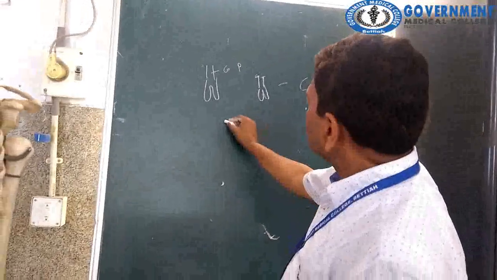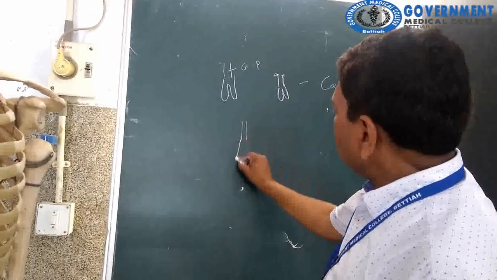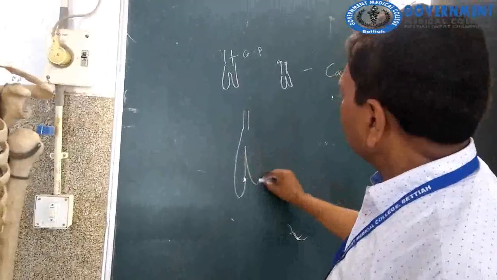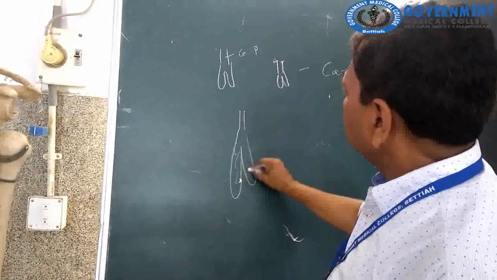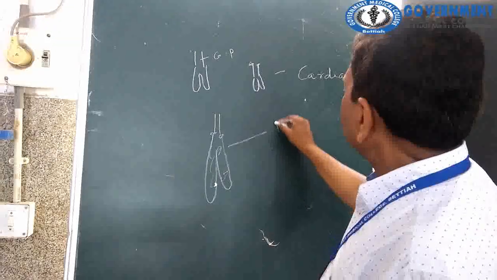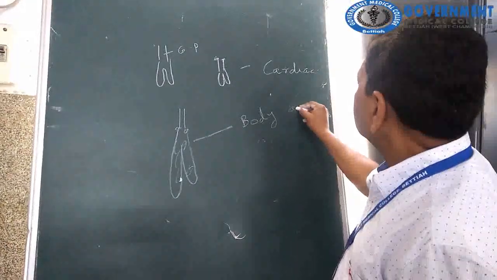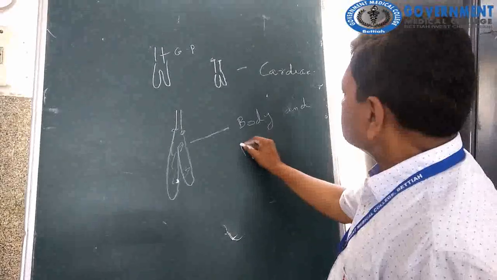If during histological examination there is a small pit and a large, long glandular part, then this is the feature of the body and fundus of the stomach.